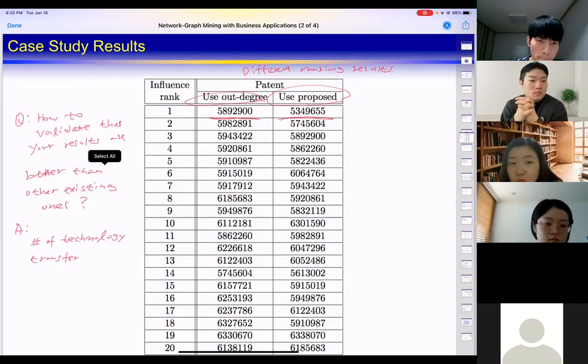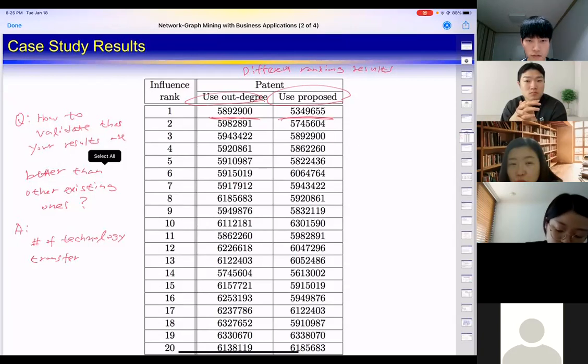They pay money and then use it, and we could find our record. So we thought if a patent is very important, it may have more technology transfers. We looked at the correlation between the number of technology transfers and the ranking result.